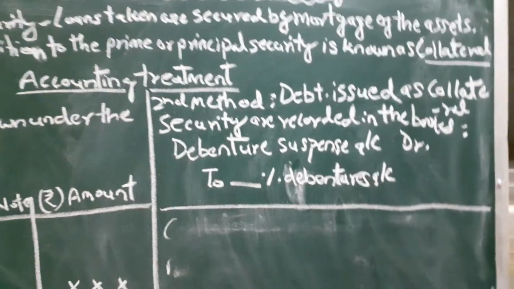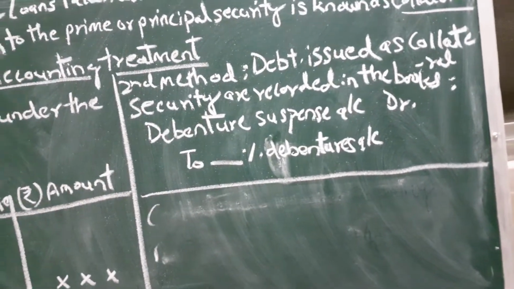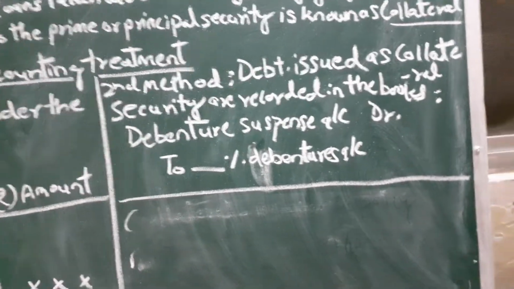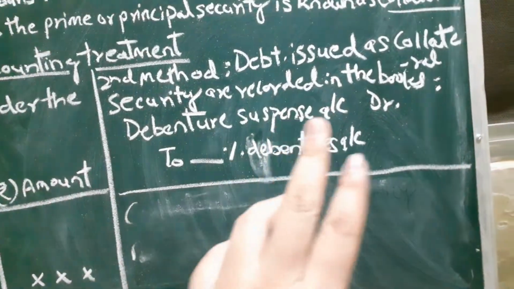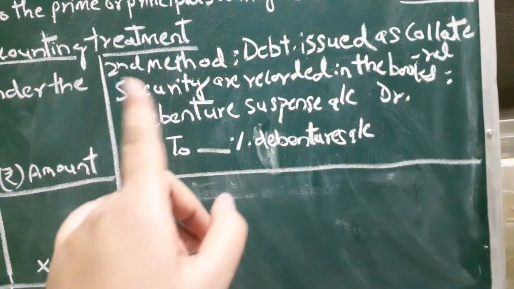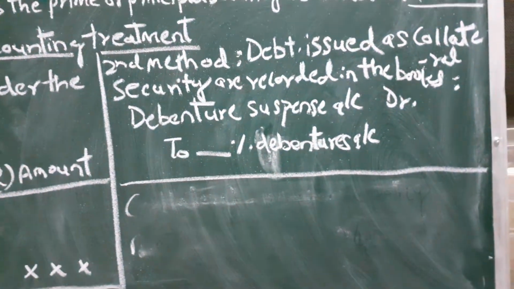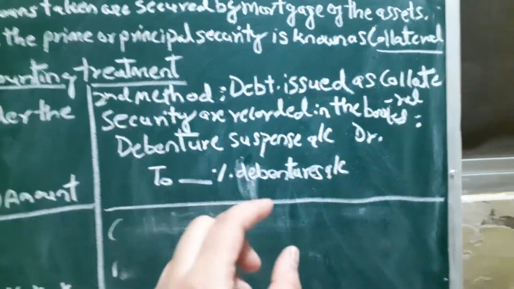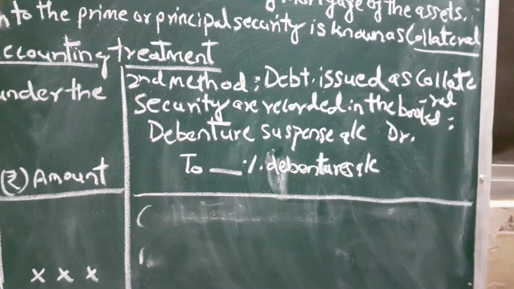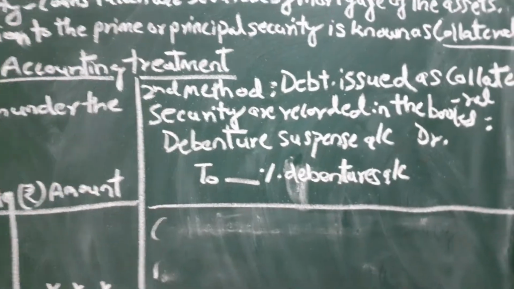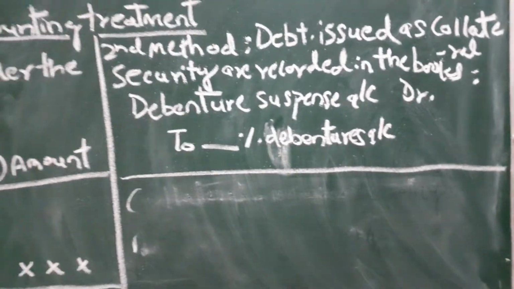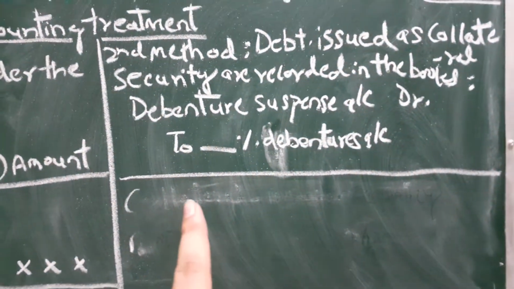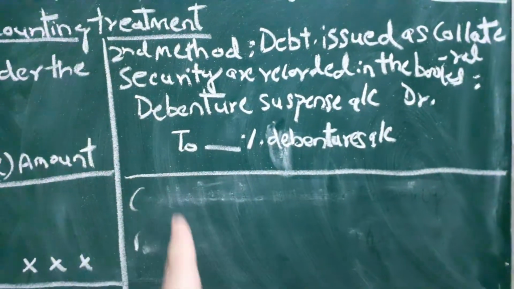Now the second method speaks about when a journal entry is passed. So what entry do you have to pass? Debentures issued as collateral security are recorded in the books. The entry is debenture suspense account debited, to the percent mentioned in the question, to debentures account. Now the thing you have to remember here: when the loan is paid to the lender, this entry is cancelled by passing a reverse entry.